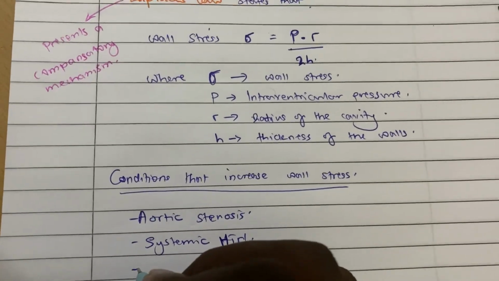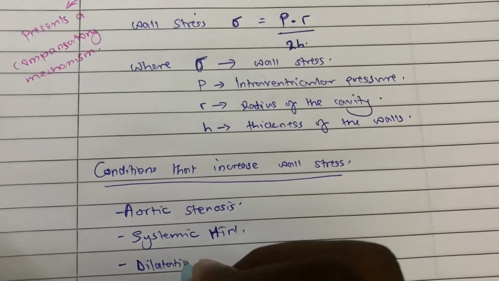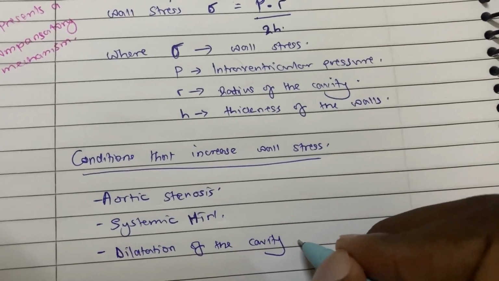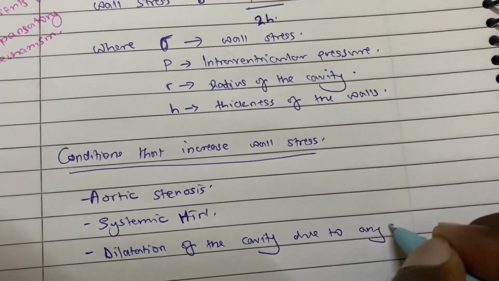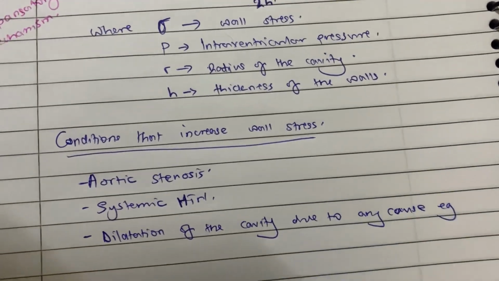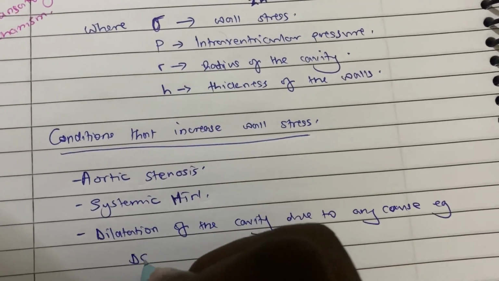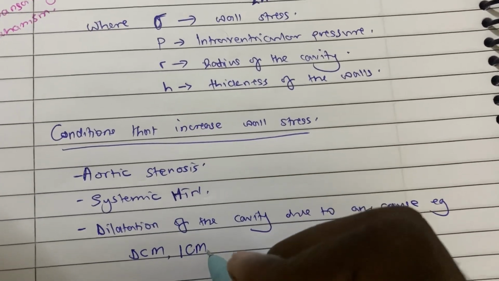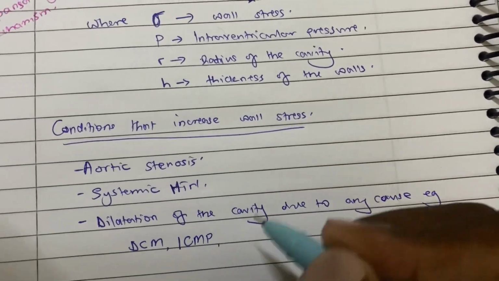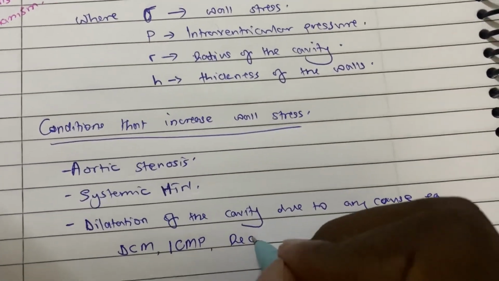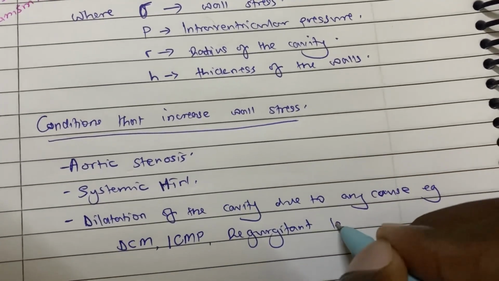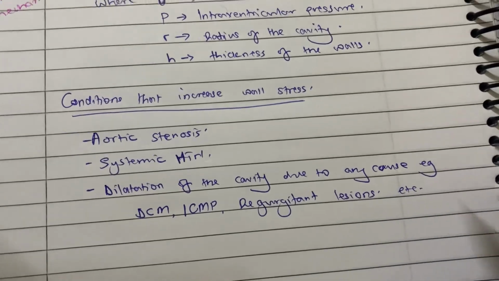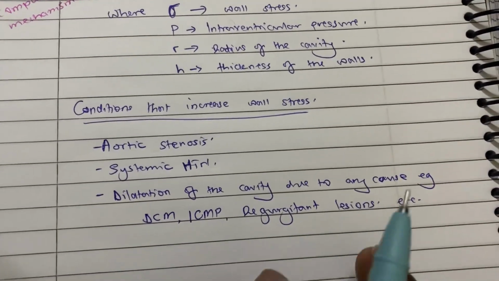And then dilatation of the cavity due to any cause, e.g. dilated cardiomyopathy, ischemic cardiomyopathy (ICMP), regurgitant lesions, etc. All these are going to cause an increase in wall stress.